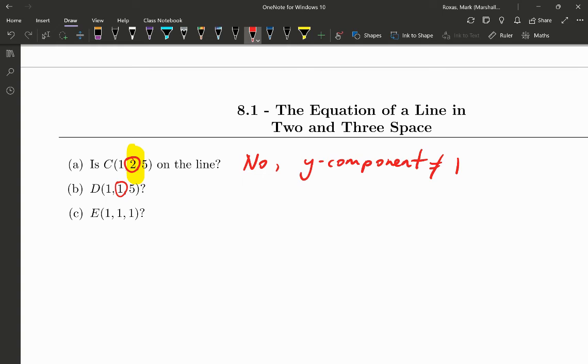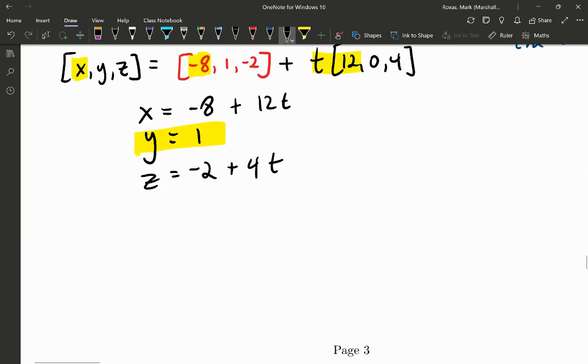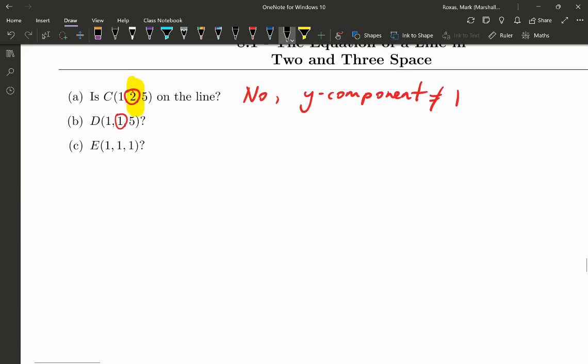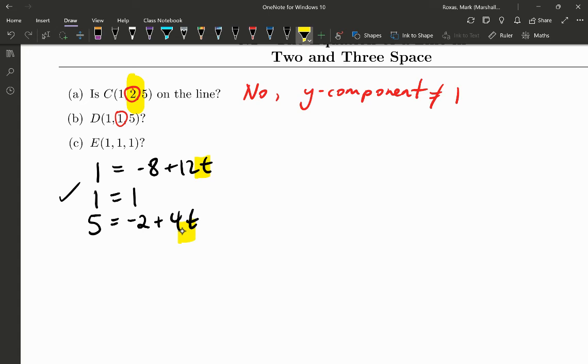Well, let's check. You take your parametric equations. We're going to put x, y, and z, substitute those in with the numbers given here. So for x equals 1, we're going to make the left side equal to 1. The right side is negative 8 plus 12t. If y is equal to 1, the right side is equal to 1, so we're good there. And then the z component 5 is equal to negative 2 plus 4t. Now the question is, if I solve for t, are they going to be the same?